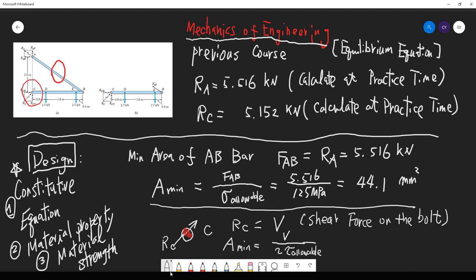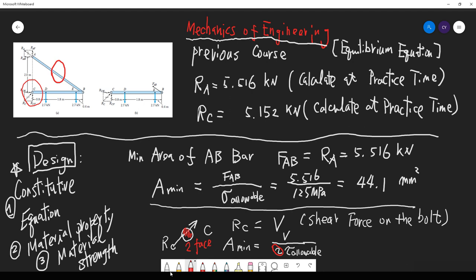And you will ask why we put 2 here. The 2 means it's two-plane shear.